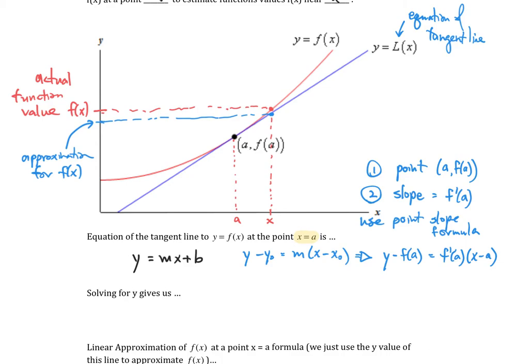So I want to solve for y. When I solve for y, I add f of A to both sides, and this gives me y is equal to f of A plus f prime of A times x minus A. And this equation right here is really our linear approximation formula.